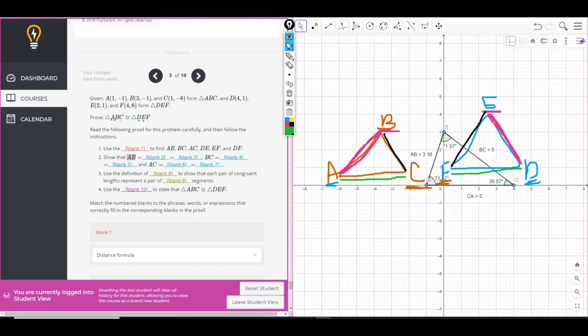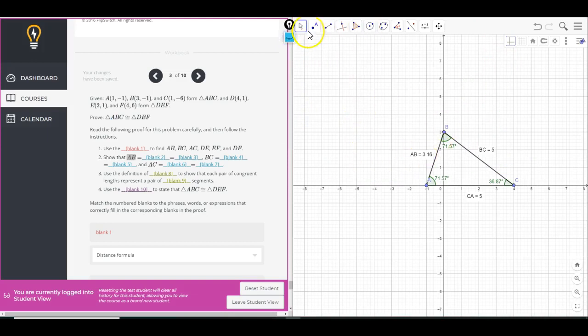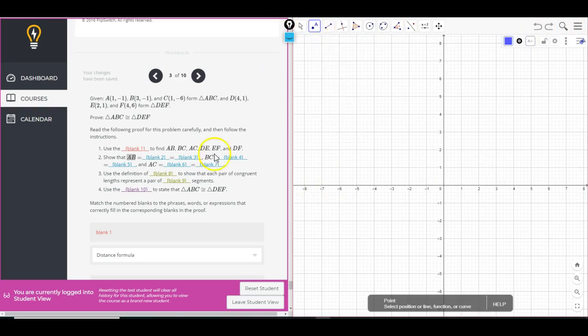This is how I would do it. I would again pull up GeoGebra, and I would start new, and I would just start by doing my points.